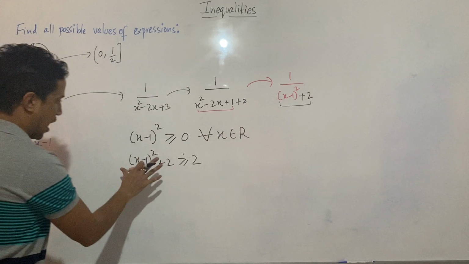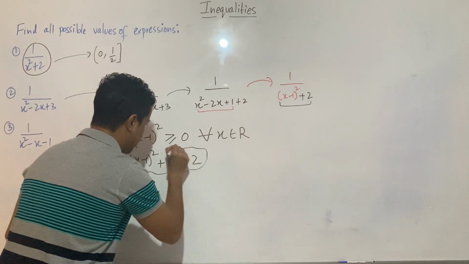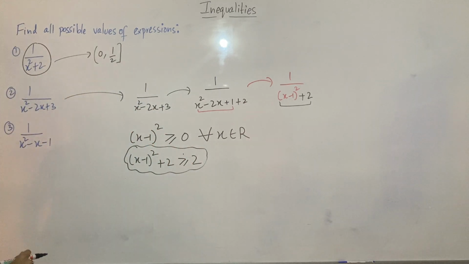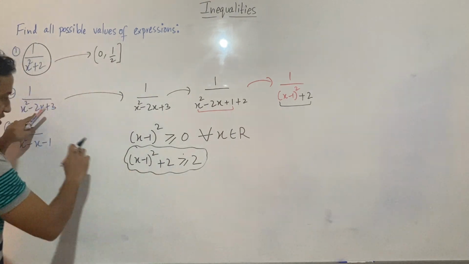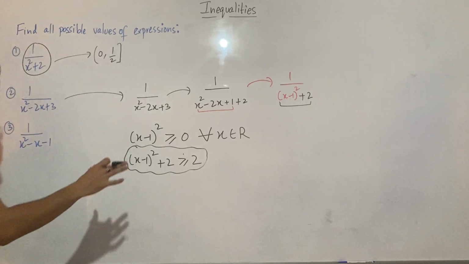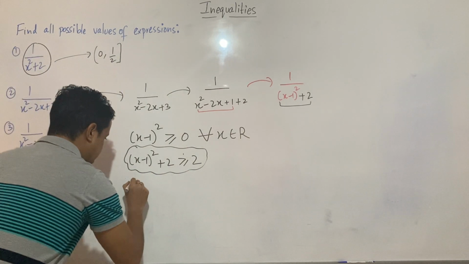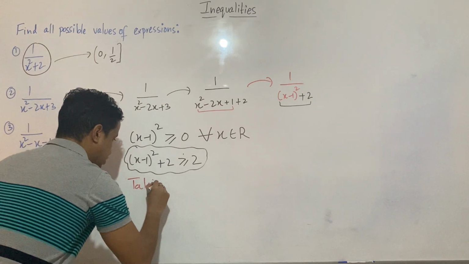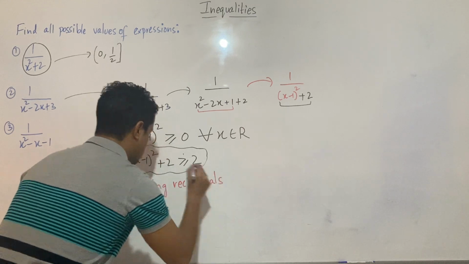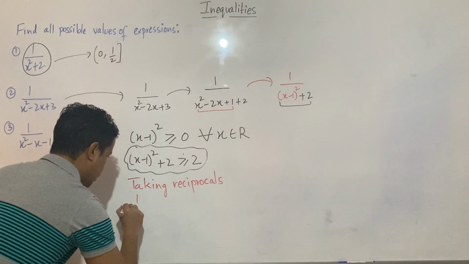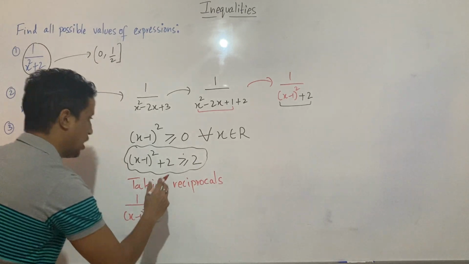But now, if you look at this, we are very close to it, because this thing is written as this. And now what we have to do is take the reciprocal. Taking reciprocals, what is it going to be? 1 over (x minus 1) square plus 2.